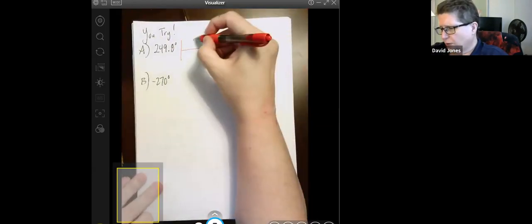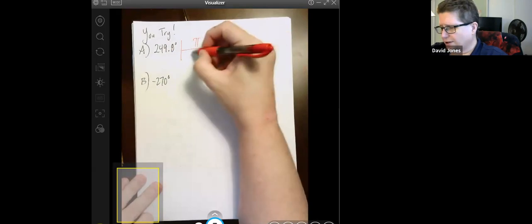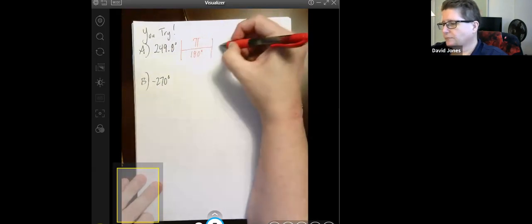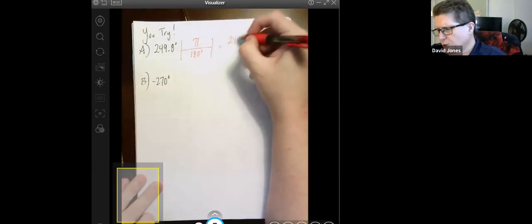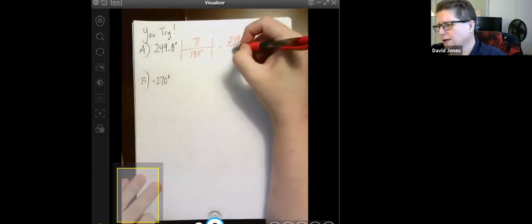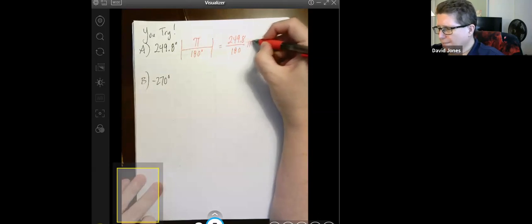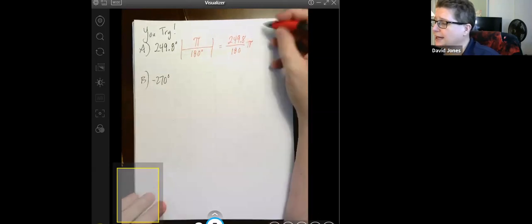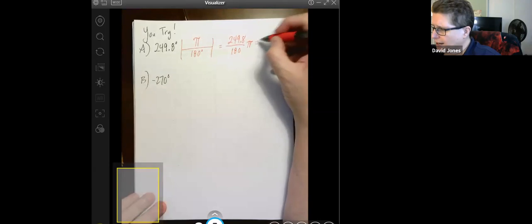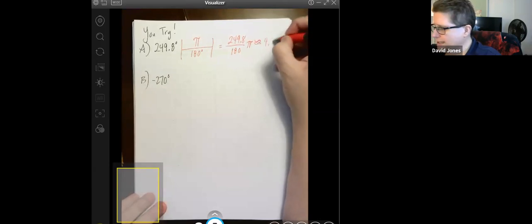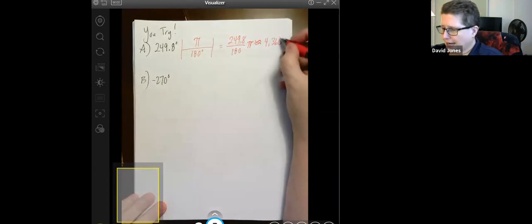In each case, we're multiplying by pi radians over 180 degrees. This gets us 249.8 over 180 pi, which does not make a nice, pretty number. So if you throw this in a calculator, I got approximately 4.360. And remember, that is in radians.